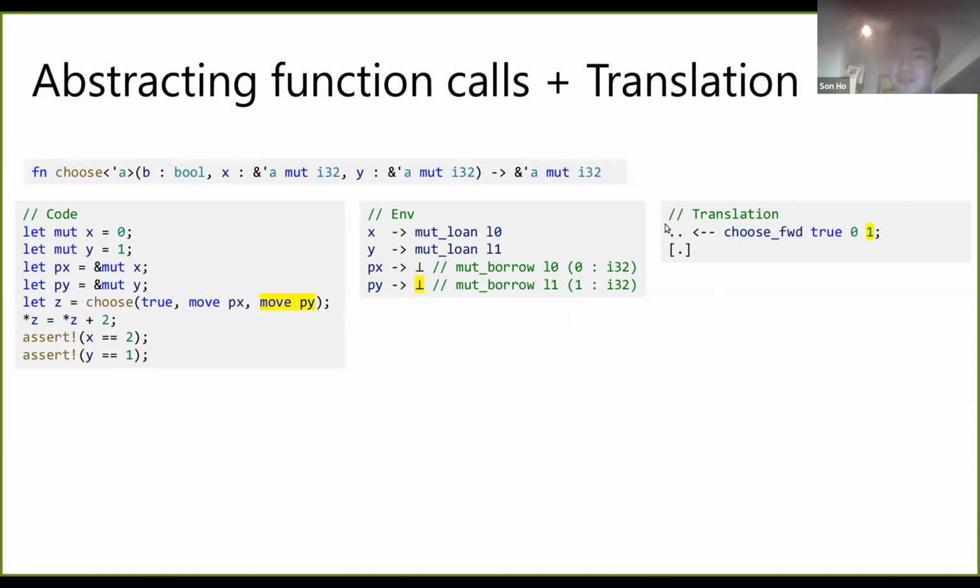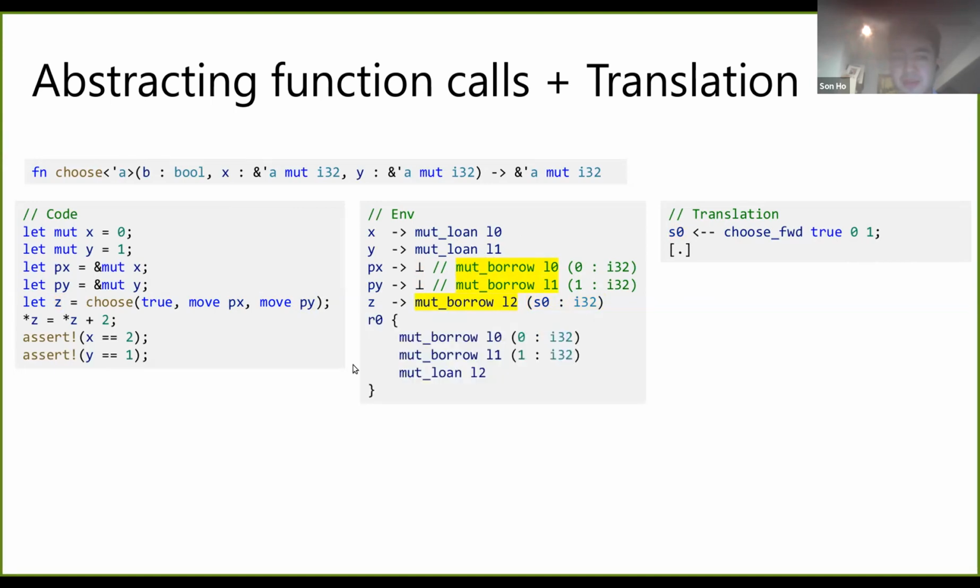Well, it introduces the value which we need to put inside of z. As we said, we update z to map to some mutable borrow of a fresh symbolic value s0. So choose forward returns s0. And then, of course, we link all the borrows there by putting them in the bag, like this, and we continue.